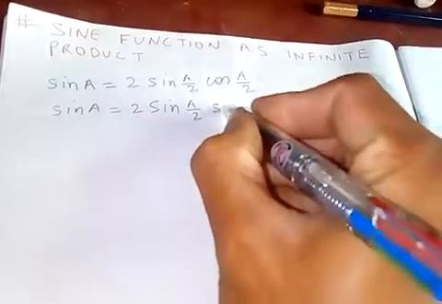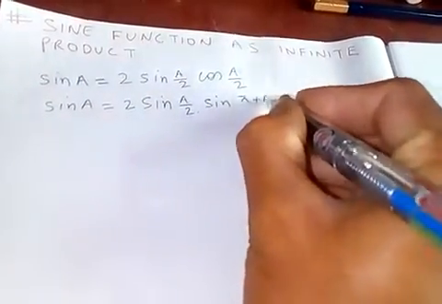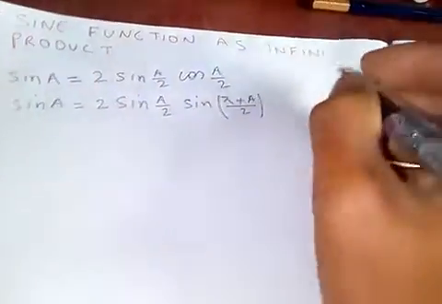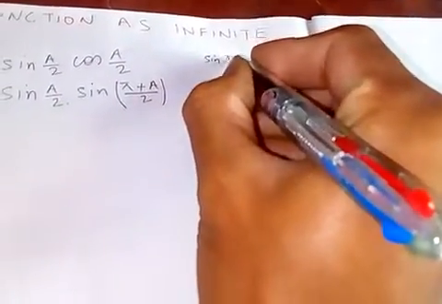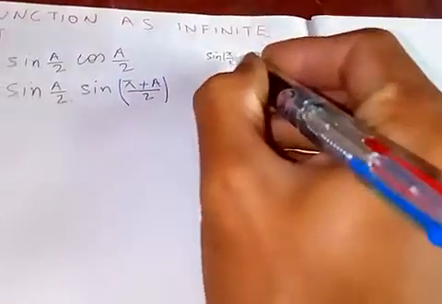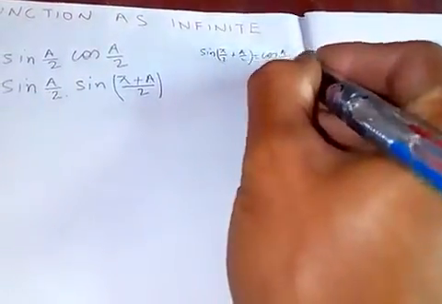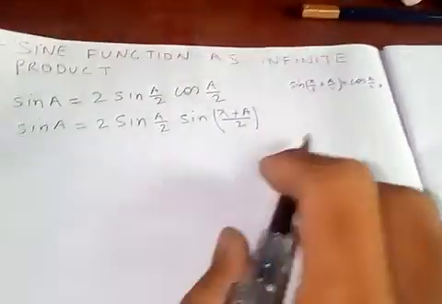If I express it in terms of sine, it is sine of pi over 2 plus A over 2. We know sine of 90 plus an angle is cos of that angle, which is the same thing.